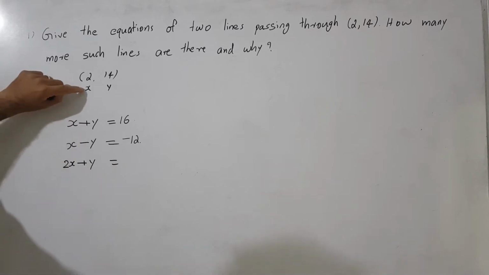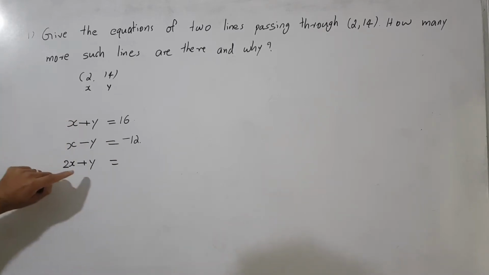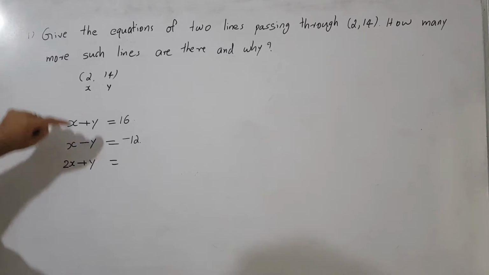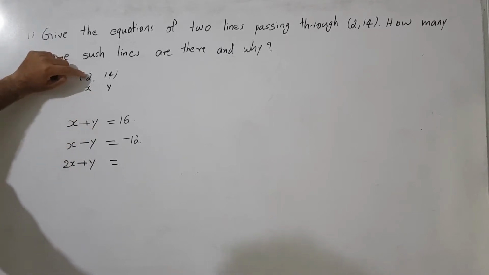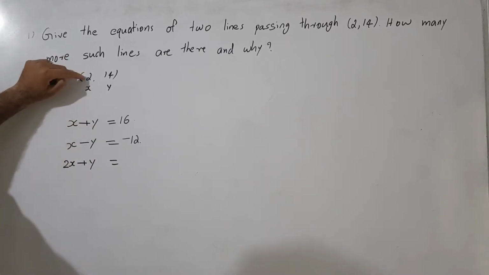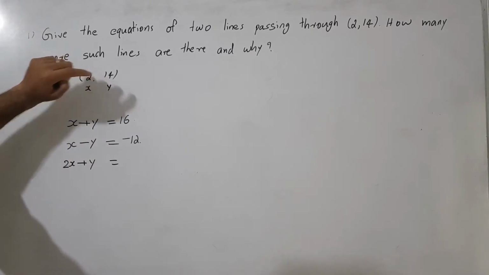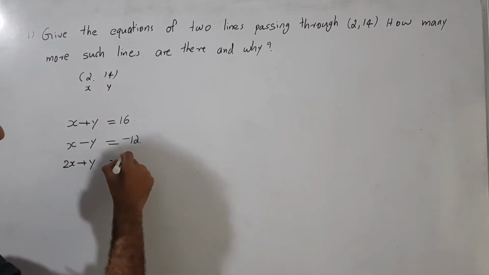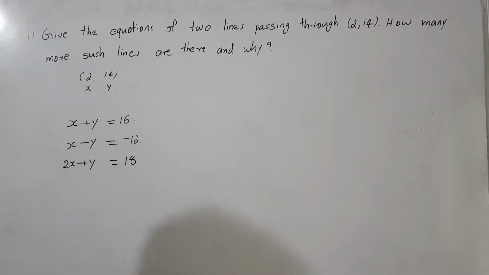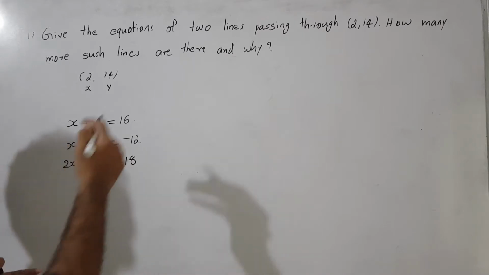We multiply x with 2, correct, and we add y. What is the x value? 2. Then 2 into 2. What is 2 into 2? 4. 4 plus y. y means 14. 4 plus 14 is equal to 18. Then again it is possible.